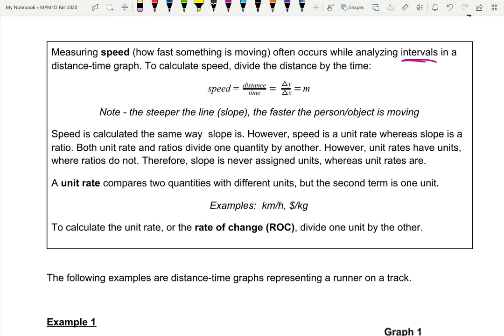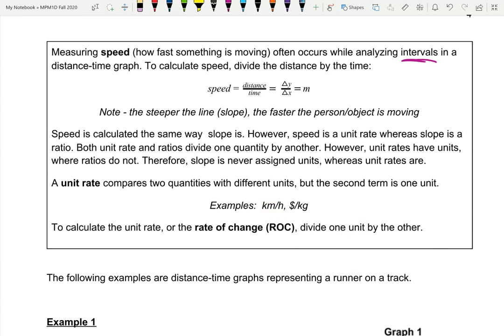So you're dividing distance over time and then including units at the end, kilometers per hour. Unit rate, rate of change, it's all the same thing. You need to make sure that you have 2 units. When you're finding speed, your units at the end aren't going to be kilometers and they're not going to be hours, it's going to be both: kilometers per hour.